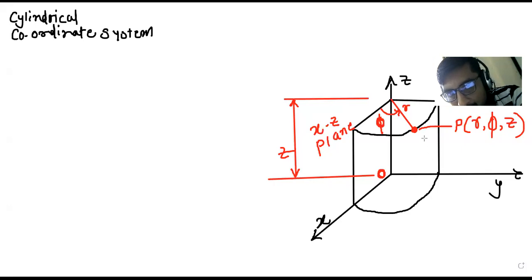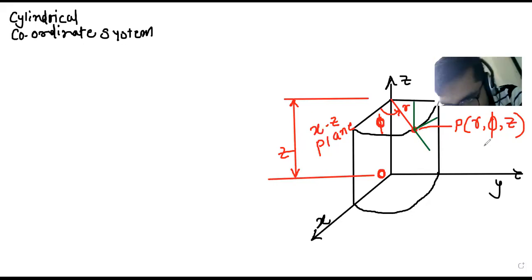Let me draw the unit vectors. This is your unit vector a bar r. Of course, it would be in the direction of r only. Then this would be your unit vector a bar z, in the z direction, and this is unit vector a bar phi. I hope you understand the direction is the same.